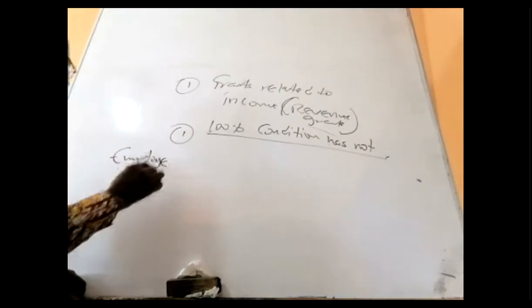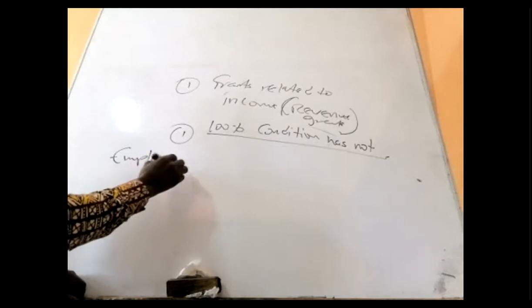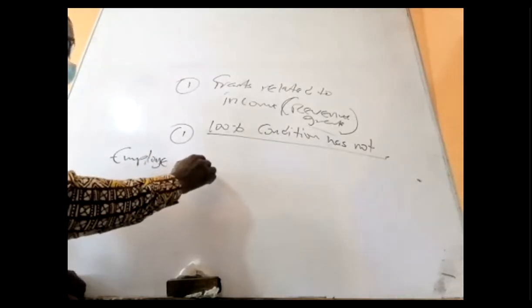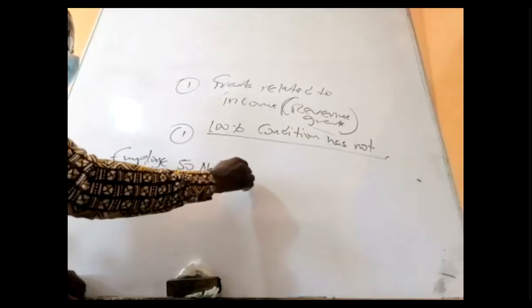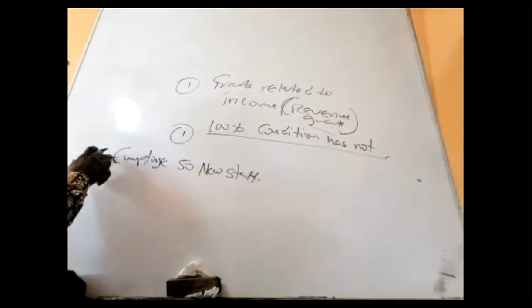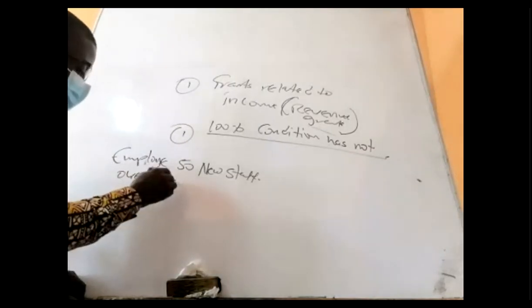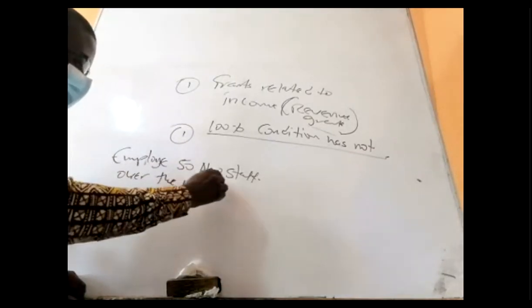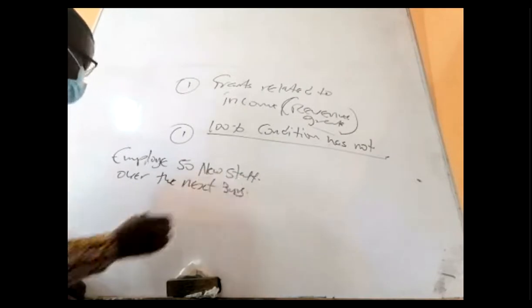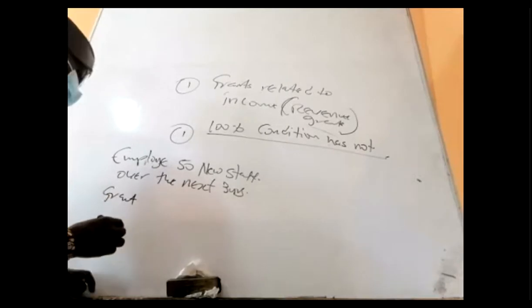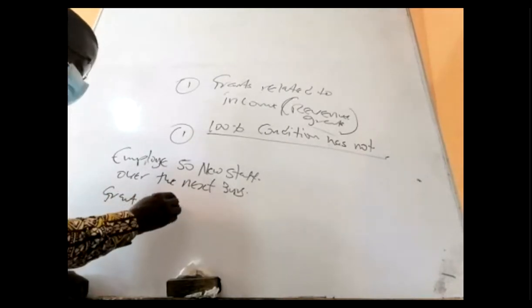employ, let's say, 50 new staff over the next 3 years, and then we'll give you a grant of, let's say, 25,000 cedis.